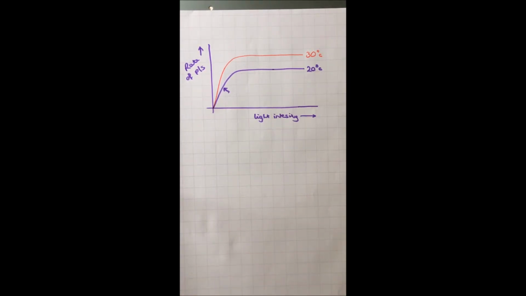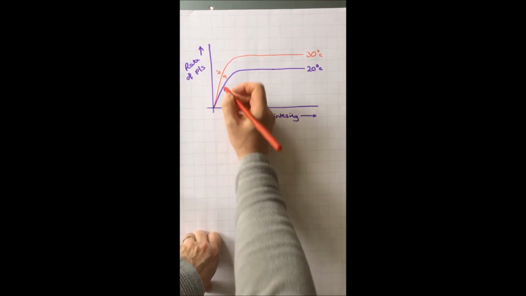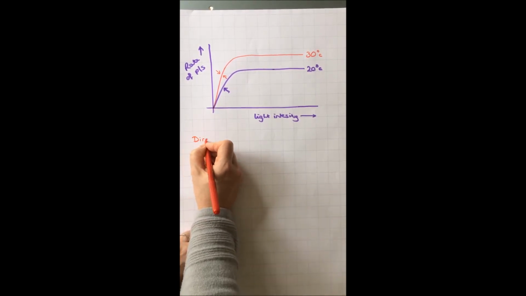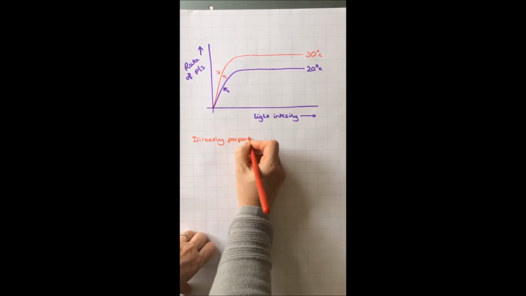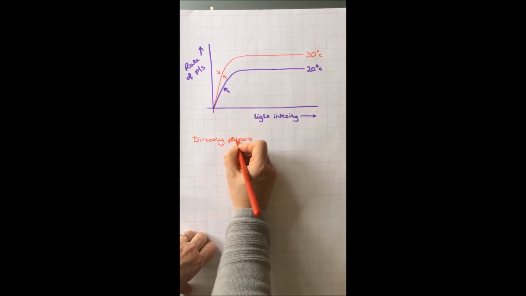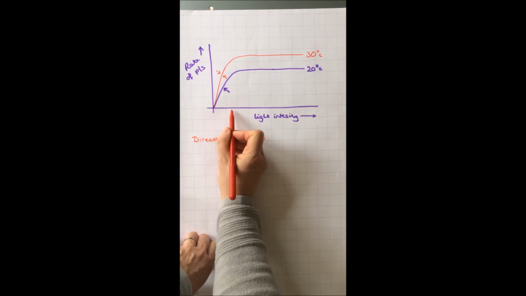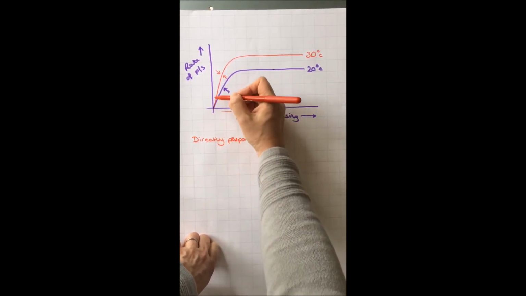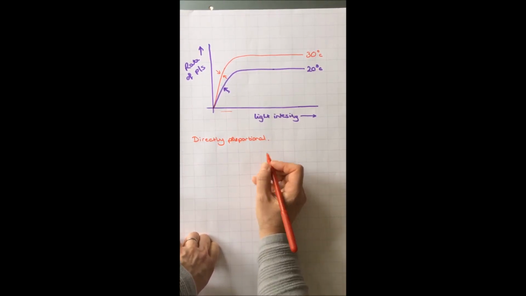And what we say, when we look at this, is that this region here, okay, this area is referred to as directly proportional. Directly proportional, because as light intensity increases, the rate of photosynthesis also increases.